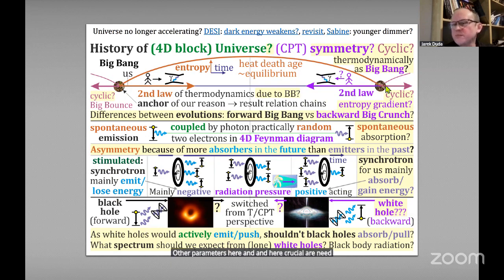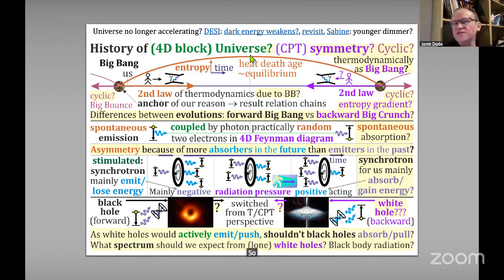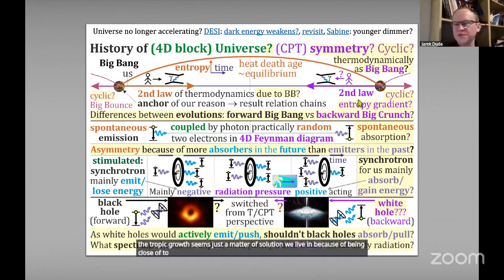So in this big bounce, entropy should be small again. So entropy has to finally stop increasing and should decrease. The entropy growth seems just a matter of the solution we live in, because of being close to the Big Bang, but close to the Big Crunch, I think the second law of thermodynamics should be reversed.